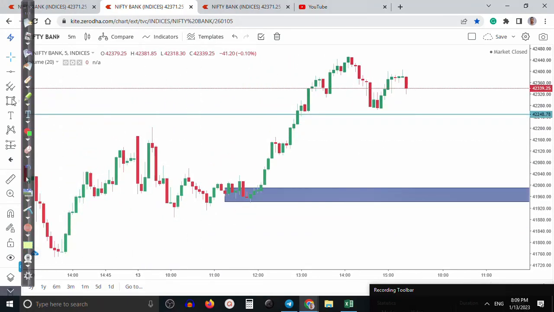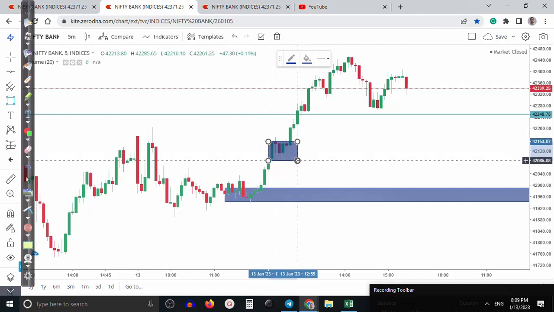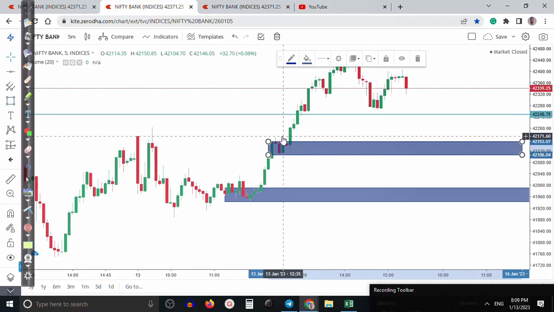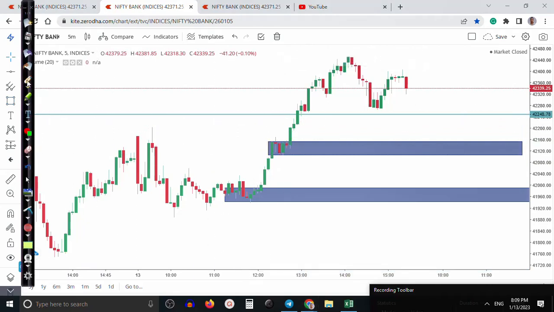Is there any demand zone? Another demand zone we have seen, this one. Why? Because the people who entered here might close their position somewhere there or somewhere here. They might book their position. There is a probability of a pullback to this level.